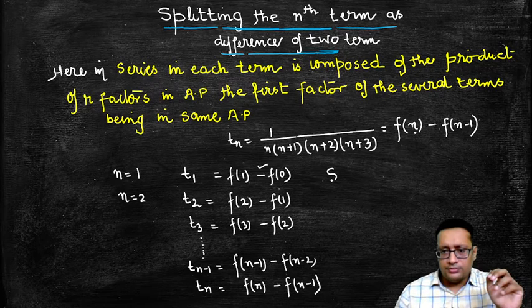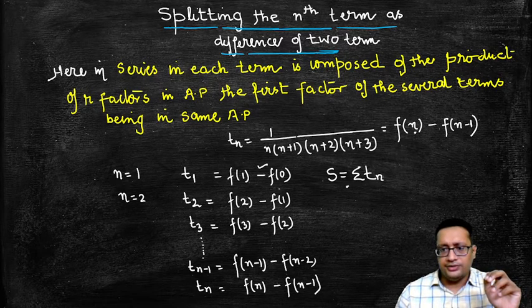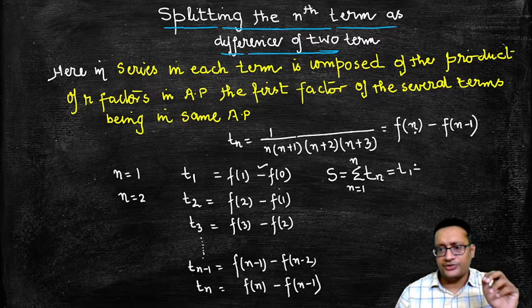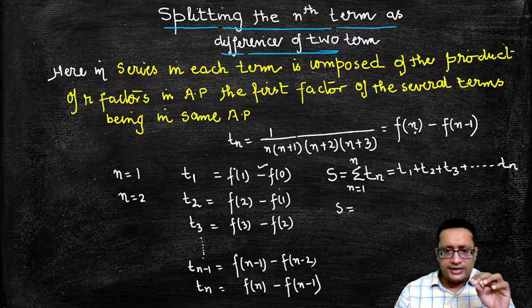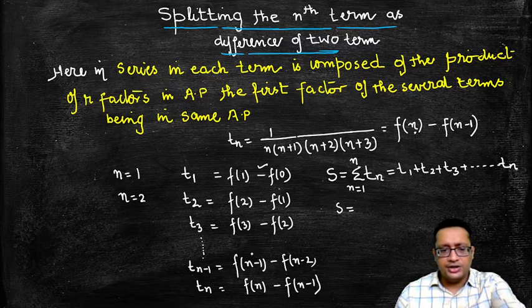What is the sum of the series? S is equal to sigma Tn, n equal to 1 to n. It means T1 plus T2 plus T3 up to Tn. So the sum is the addition of all these terms. Just have a look at how they get cancelled.